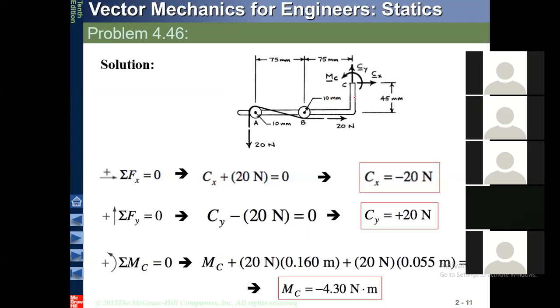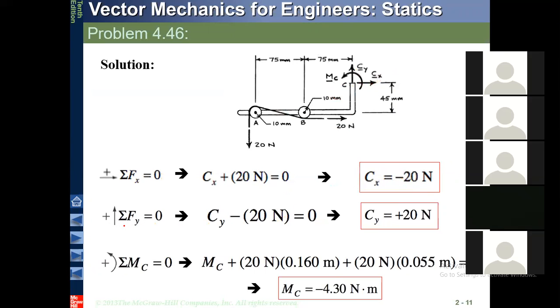These are the only two forces that are along the x direction, would be equal to 0. So Cx would be minus 20. So the direction of Cx is actually toward left, because you have a minus sign.